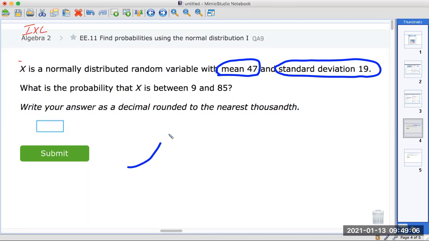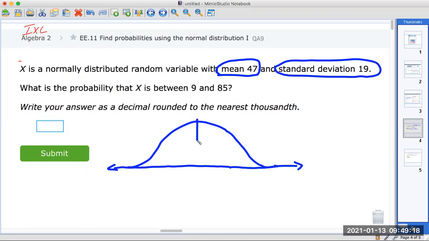So I'm going to draw a bell curve. So you always start out making this kind of a bell curve. The middle is always a straight line with the average. And remember, we're going how many standard deviations in each direction? 3, right?